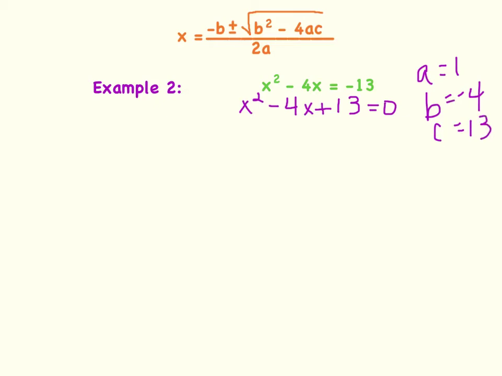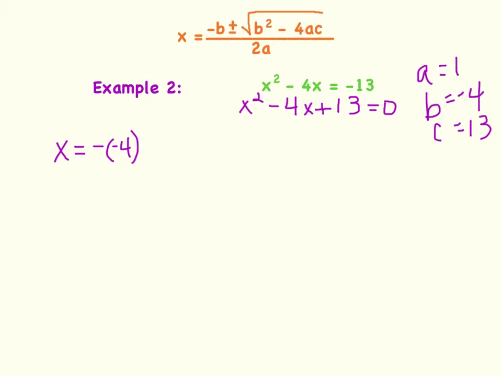Now let's start substituting these numbers into our quadratic formula. So I have x equals the negative of negative 4. Now, do you see how our b value is negative 4? And since the quadratic formula says that you have to take the negative of b, we're taking the negative of negative 4. Now, we will simplify that when we get to the next step.